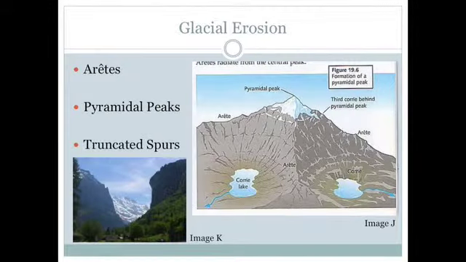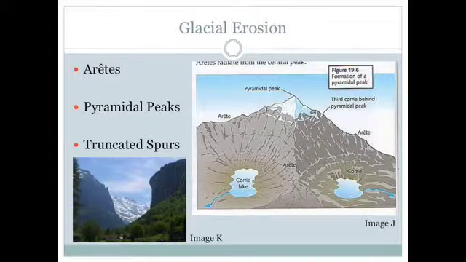A common sign of glacial erosion is arêtes. Arêtes are created when corrie lakes, or corries, appear on two sides of a mountain. This will erode away, creating a sharp, knife-edged ridge. Another common sign of erosion is pyramidal peaks.